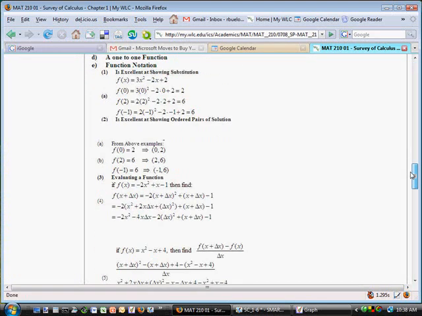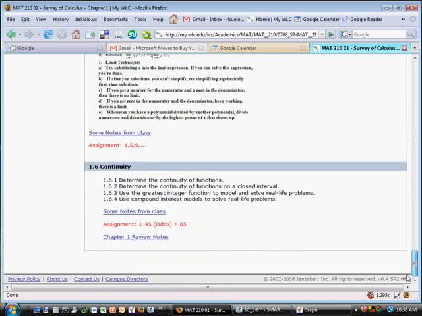This is 1.6, right? 1 to 45 odds plus 65.